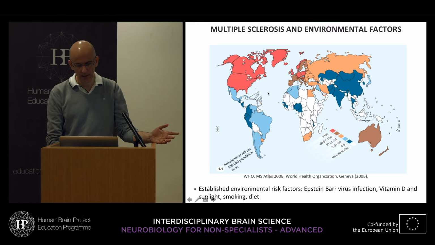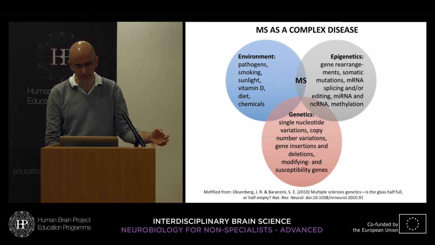Established environmental factors so far are Epstein-Barr virus infection, vitamin D and sunlight, which fits nicely also to the distribution shown here, smoking and diet.